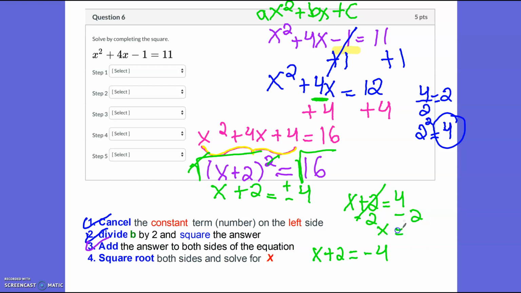Then x equals negative 2. This is one of the answers. Now on this side I'm going to subtract 2, then x equals negative 6. So your answers are x equals negative 2 and x equals negative 6, and you need to pick them. You need to follow the steps here.